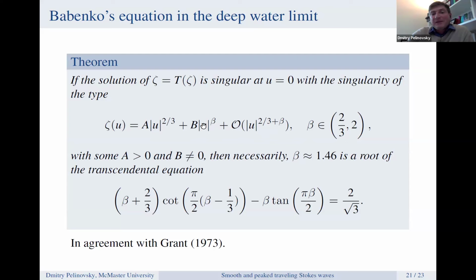In this way, we can derive the following transcendental equation, which coincides explicitly with the equation derived by Grant by using the Euler equation. At that time, in '73, Grant did not use the Babenko equation. So we have effectively recovered exactly the same equation as in Grant's paper, but simply by analyzing all admissible singular solutions of this Babenko equation.